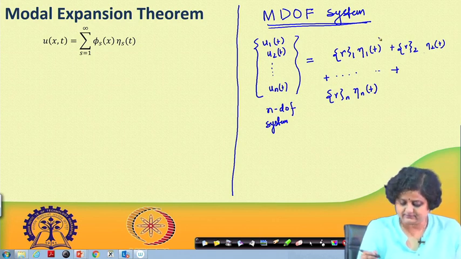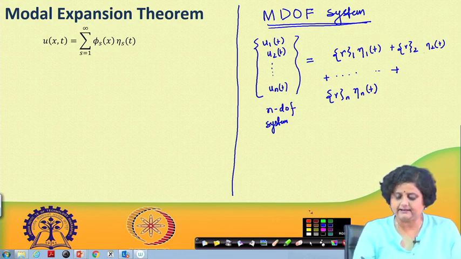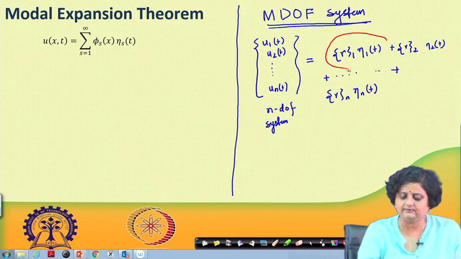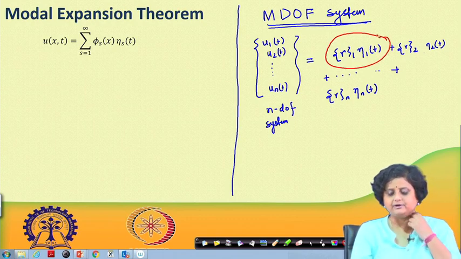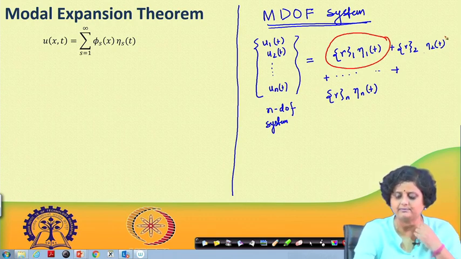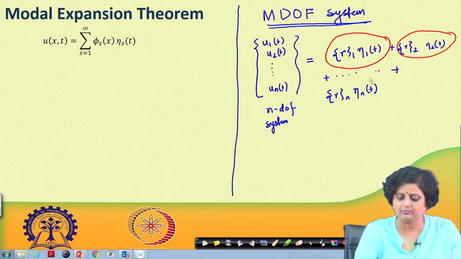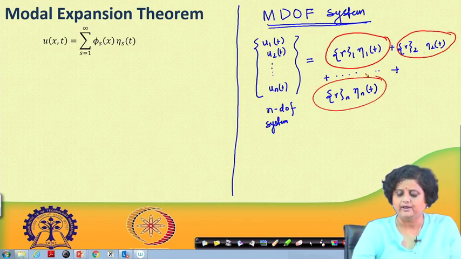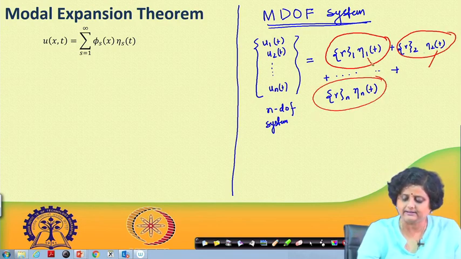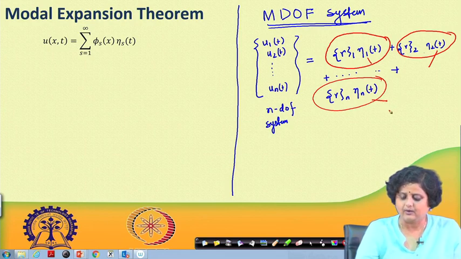So, each of this, as I had said earlier, denotes a normal mode of vibration. This is one normal mode of vibration, this is another normal mode of vibration and so on. And this eta 1, eta 2 and eta n were called the generalized coordinate or natural coordinate.